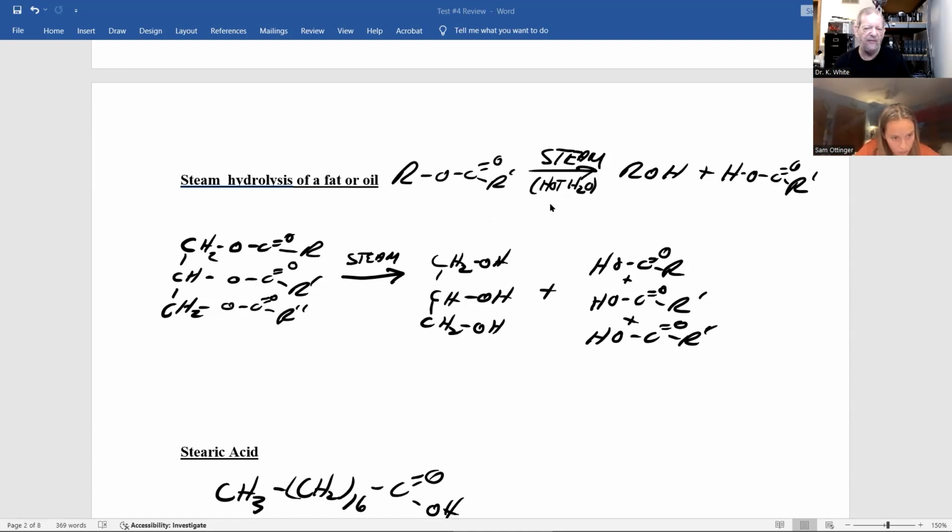Steam is very hot water. Under high pressure, it's much higher than the boiling point of water in your kitchen, much hotter. And you get back the alcohol and the carboxylic acid you would have used to make that. So here we have this triglyceride, any fat or oil, and steam, and you get first ester, this alcohol, and this carboxylic acid, second ester, this alcohol, and this carboxylic acid, final ester, this alcohol, and this carboxylic acid.